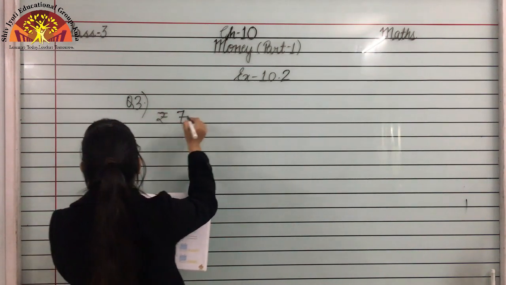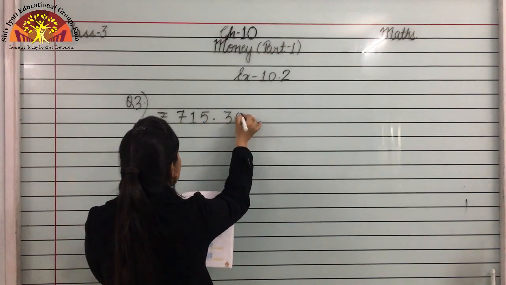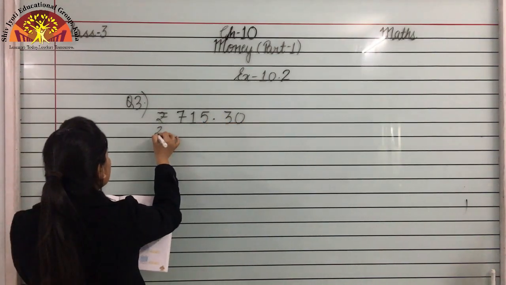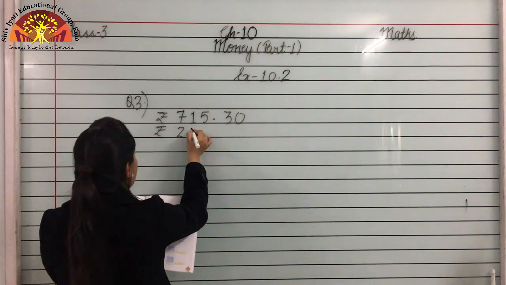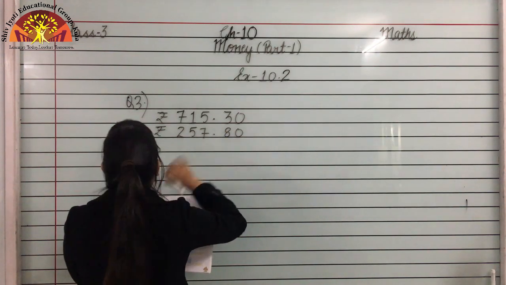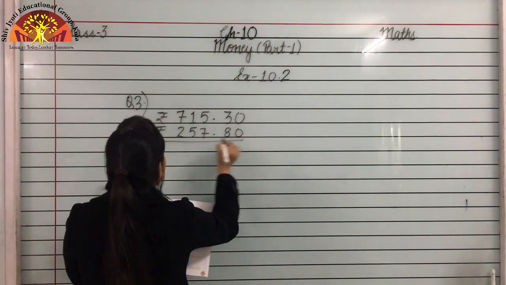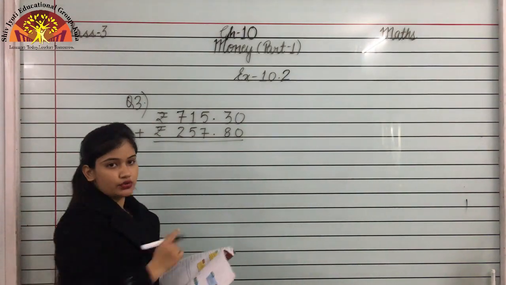Rupees 715.30, this is the first number which is given in the question, and the next number is rupees 257.80, okay. From the sum of means we have to find the sum of these two numbers now.